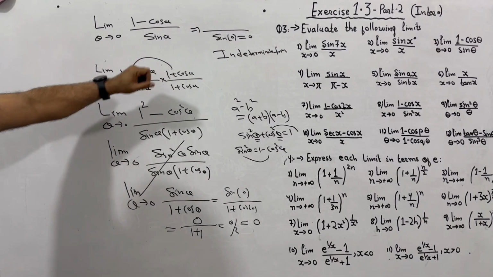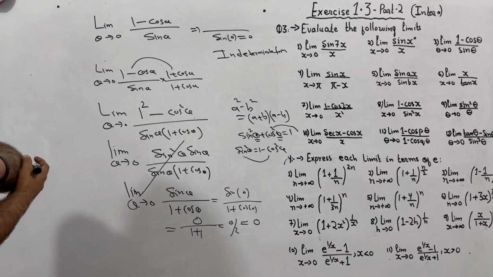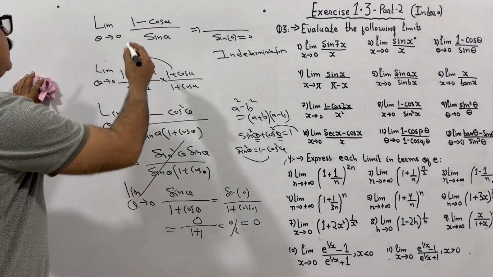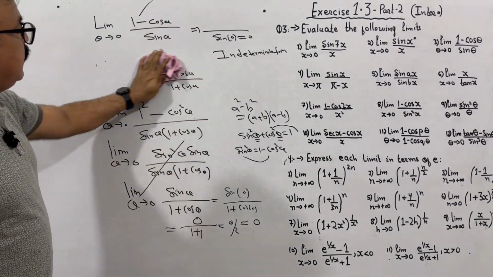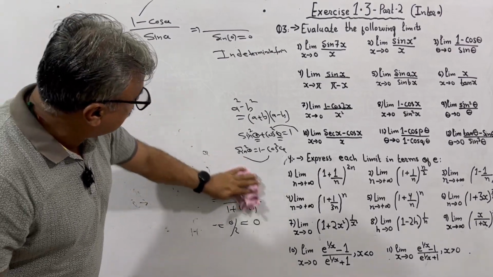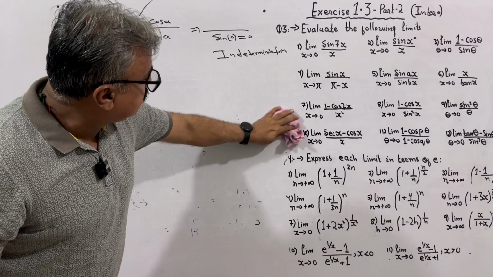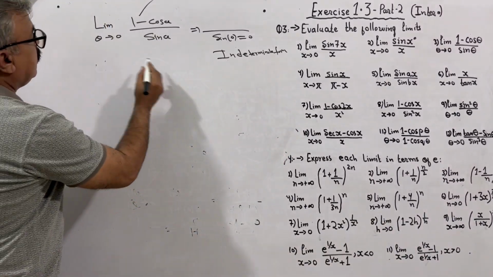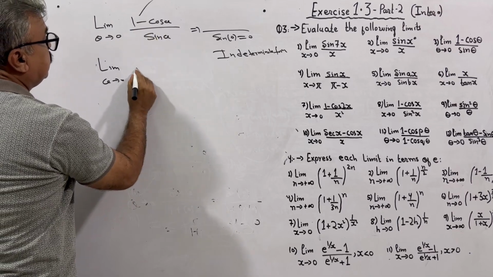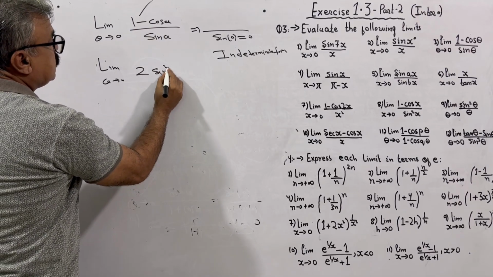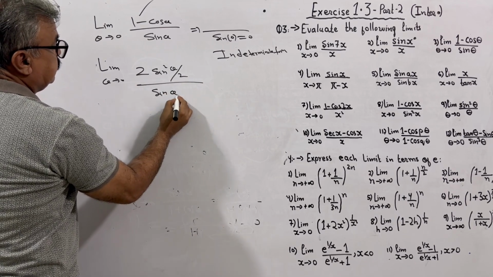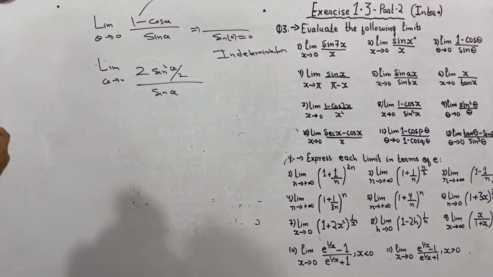The unwanted thing is 0 in the denominator. Let's see and find out another way. You can utilize another fact, the half angle formula. From trigonometry, 1 minus cos theta is equal to 2 sin square of the half angle, theta over 2.